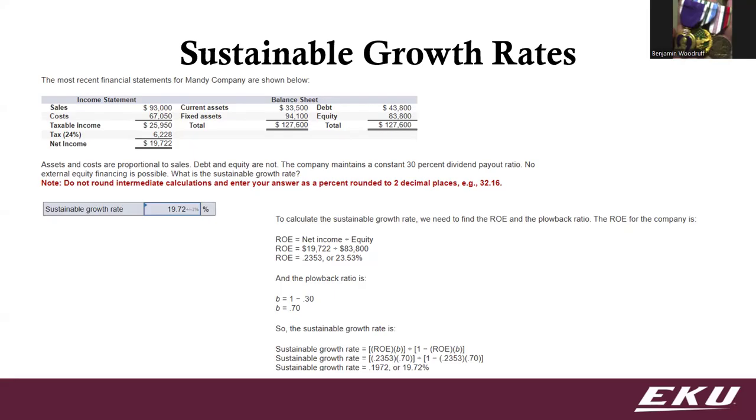The sustainable growth rate, what we're doing here is we're saying take what you can internally, but also as your firm grows, take out additional debt so that your debt to equity ratio remains fixed over time. And that is sustainable because you're able to borrow and maintain that same amount.